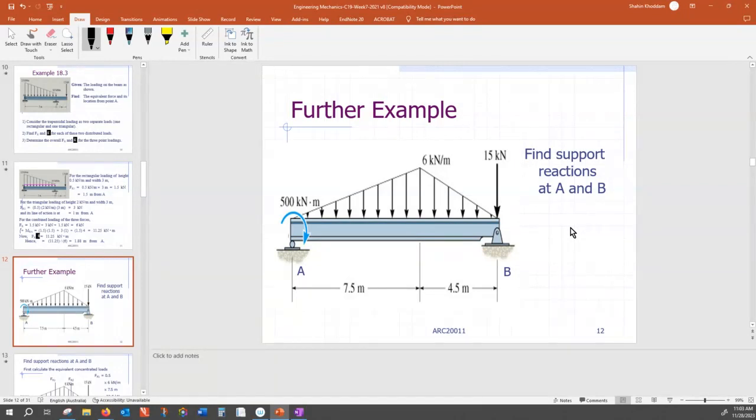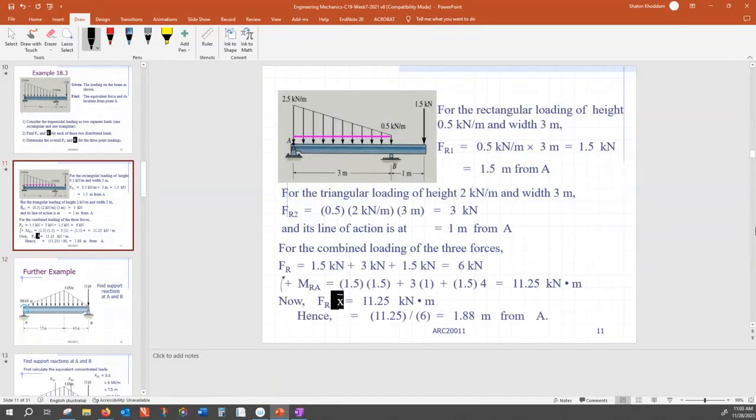Can I see the answer? 1.88, divided by the distance, which is 6. That is 1.88. This is the final answer. This is the x bar, total x bar. 1.88 is almost passing the middle.